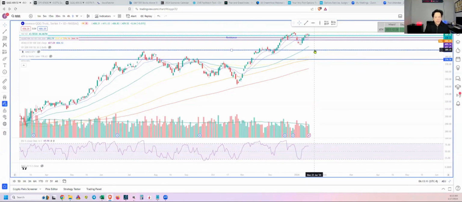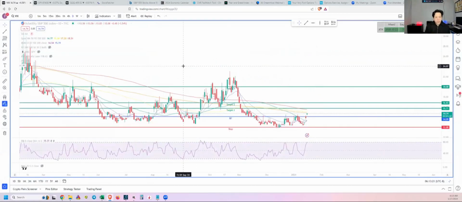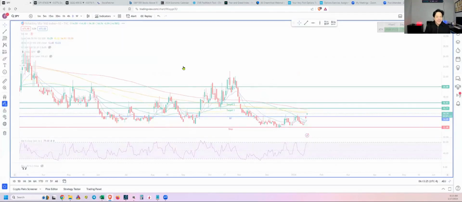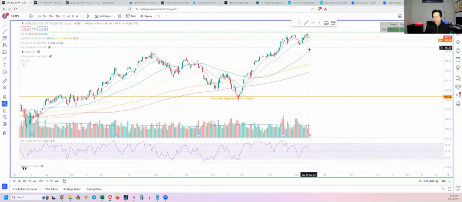And then the VXN, I don't think they sell options on the VXN, which would be directly correlated to the volatility of the QQQ. So we can buy VIX because that QQQ will drag down the S&P 500, and we'll probably get pretty close to that MA50, if not all the way to the MA50 as well.